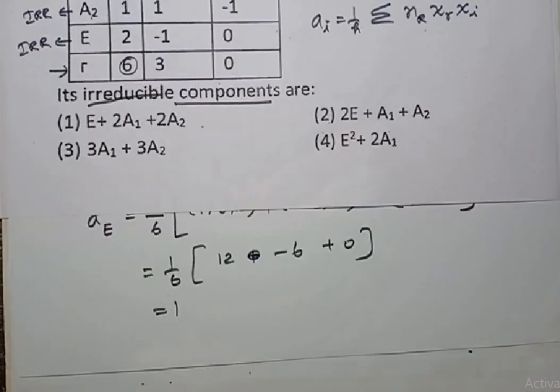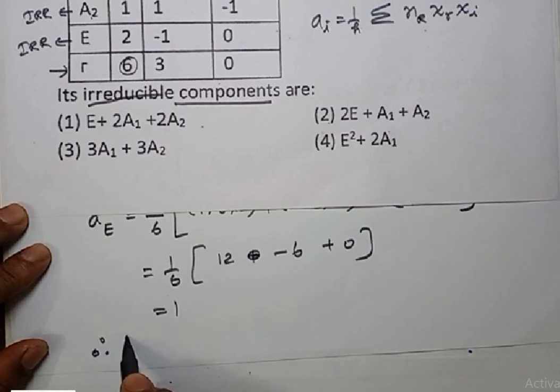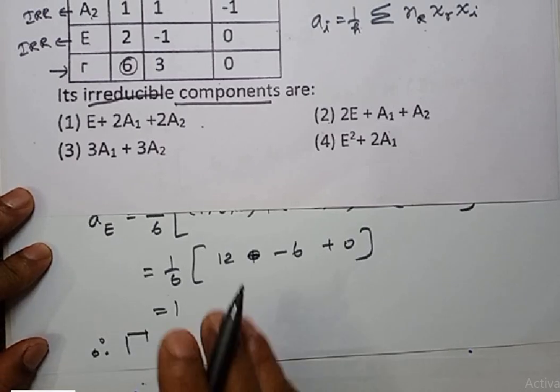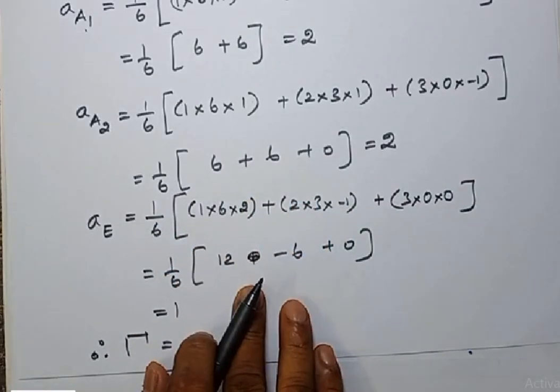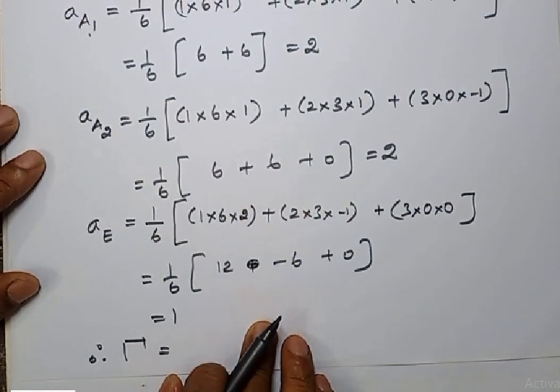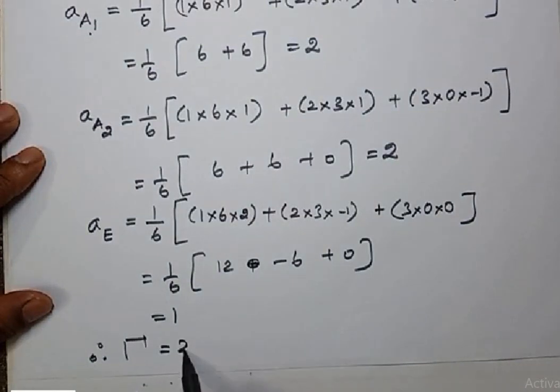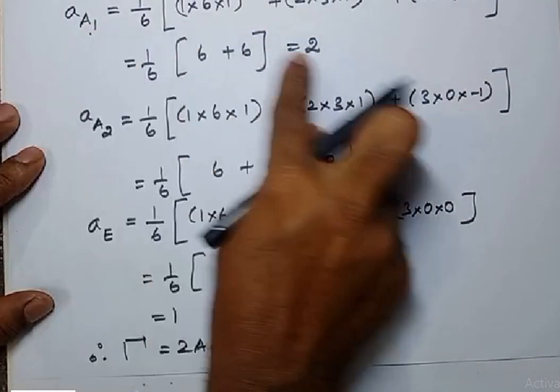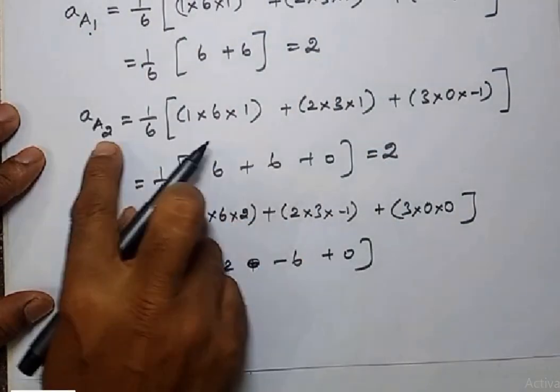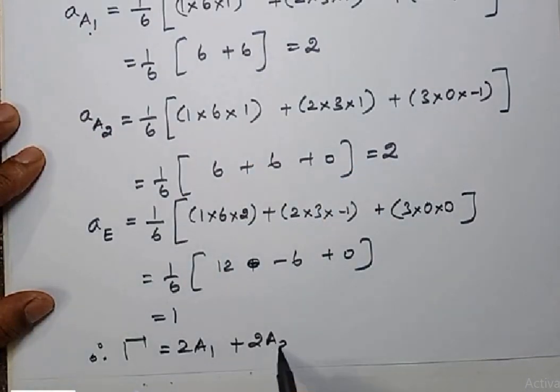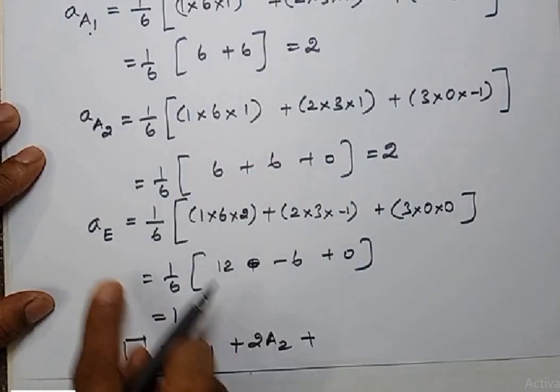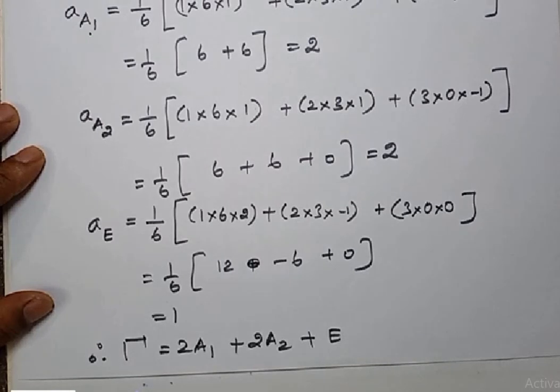Therefore, the given reducible representation is made up of 2A1 plus 2A2 plus 1E irreducible representation.